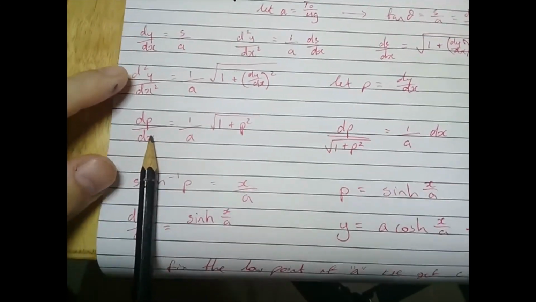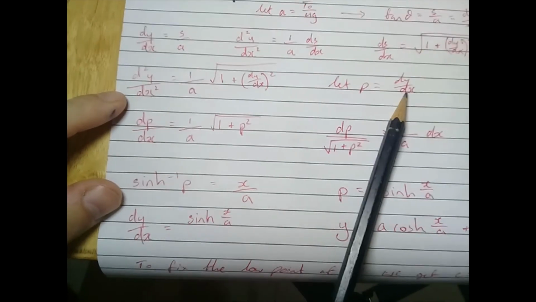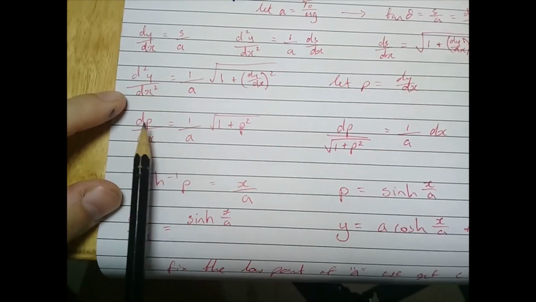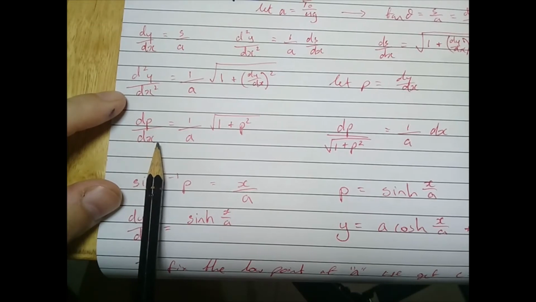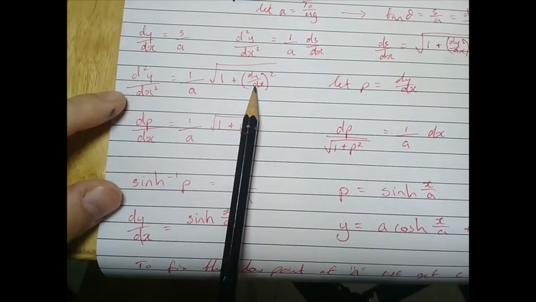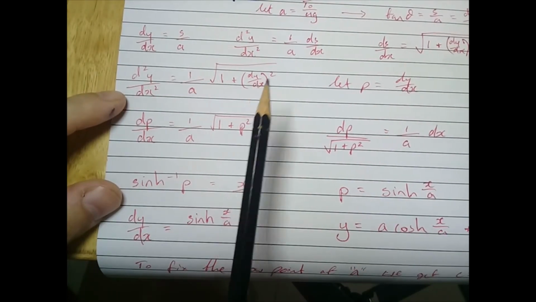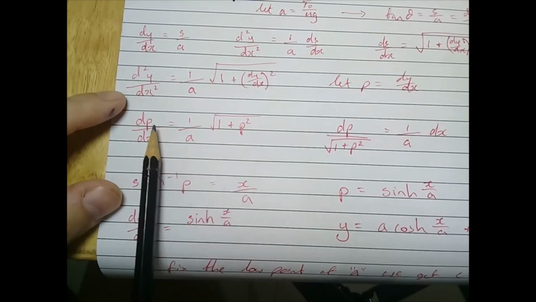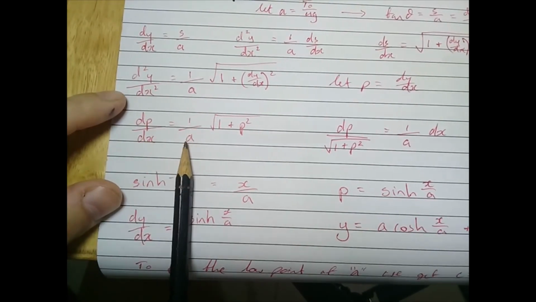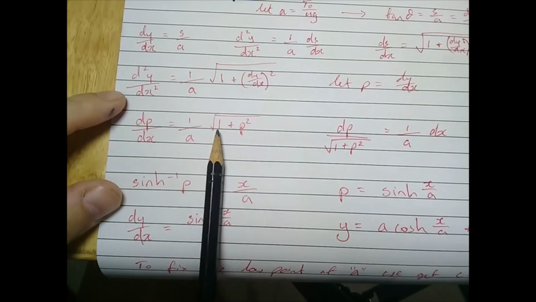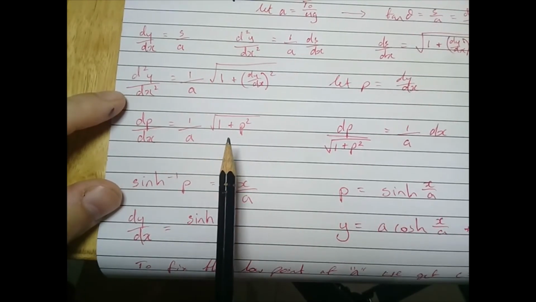So if I do the substitution, the second derivative becomes dp by dx, that's nice, and the part in the brackets there, the derivative squared, just becomes p squared. So I get dp over dx equals 1 over a times the square root of 1 plus p squared.